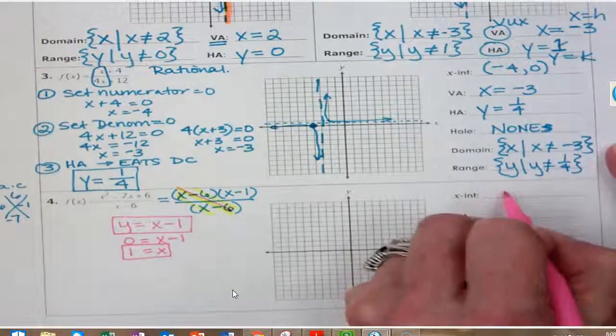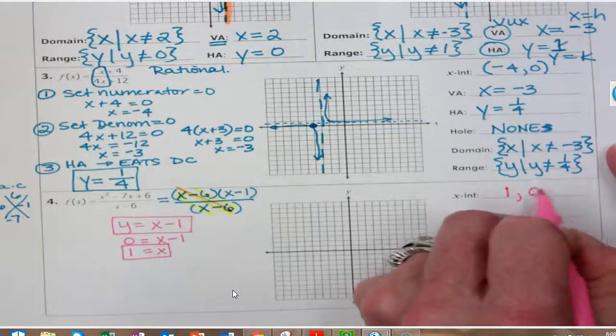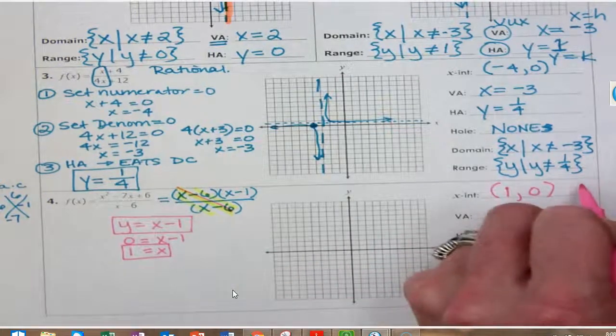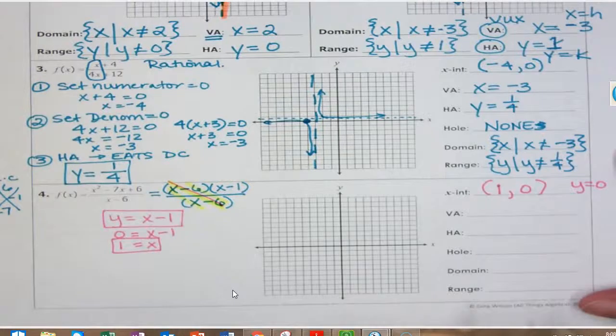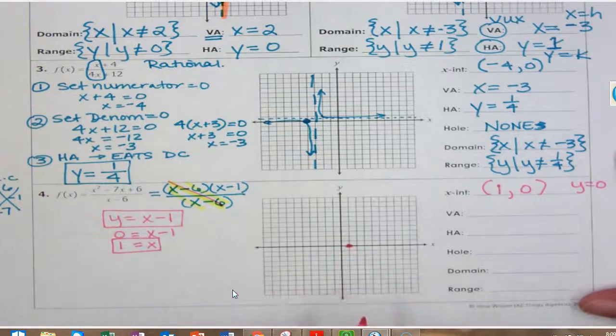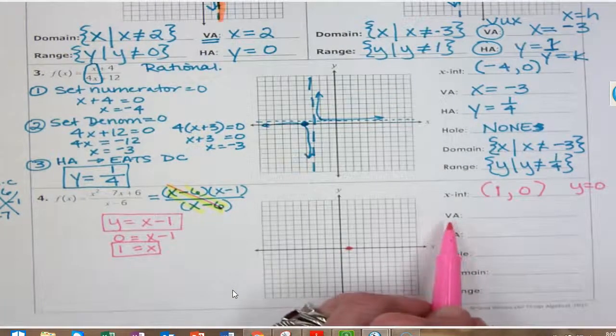My x-intercept is going to be at 1, 0, because I know that the x-intercept is always where y equals 0. Right? So x is 1, y is 0.